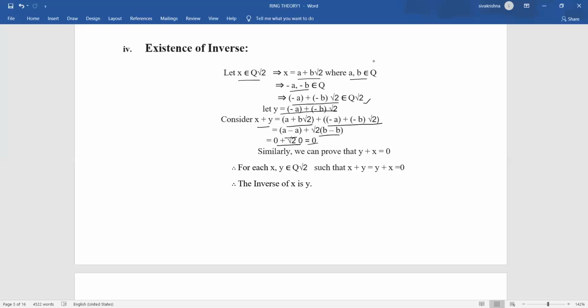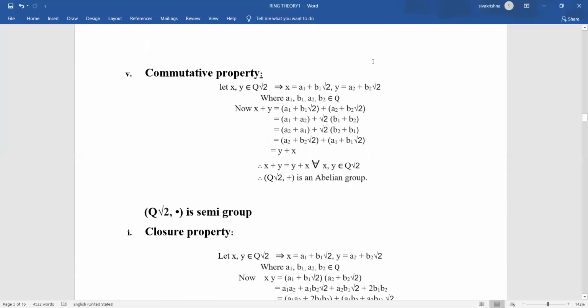It means the sum of x plus y is 0. Similarly, if we consider y plus x also, we get 0. Whenever the sum of two elements is equal to 0, the additive identity element, we say that x and y are inverse to each other. Therefore, the inverse of x is y, and hence the inverse property holds.